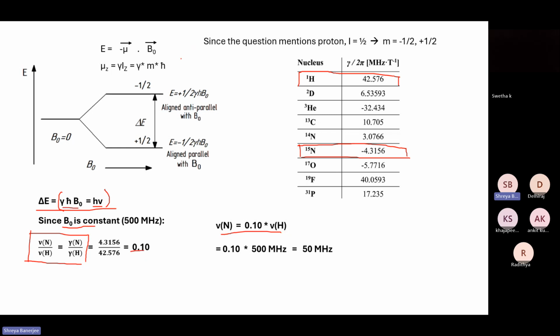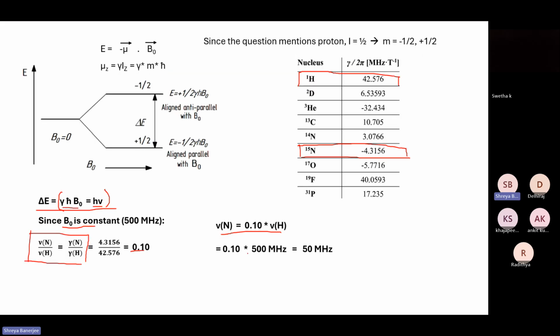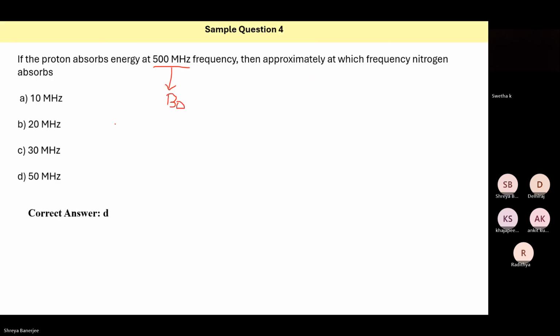And frequency of hydrogen is already mentioned as 500 megahertz. So if you include that, you will get 50 megahertz as the frequency of nitrogen. And 50 megahertz is your option D.